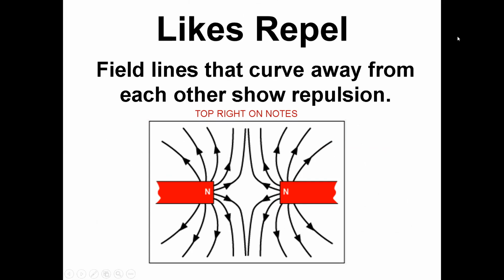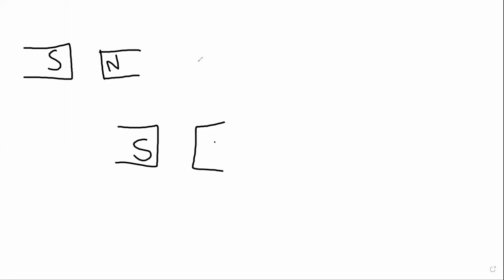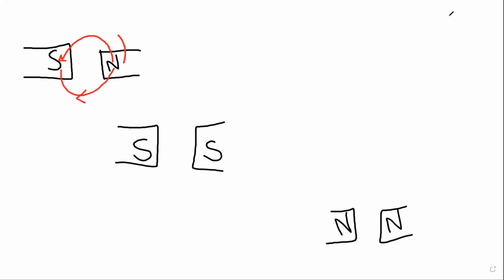So here, let's draw now the three cases. If we have south and north, south and south, and north and north. For the first one, I told you that they come like a curve, toward each other from the north to the south.